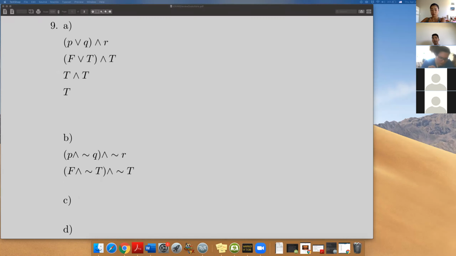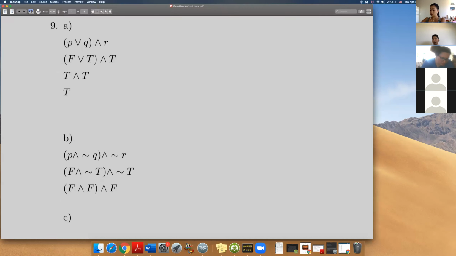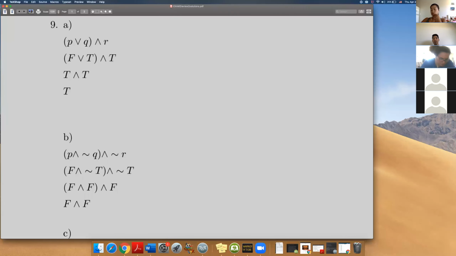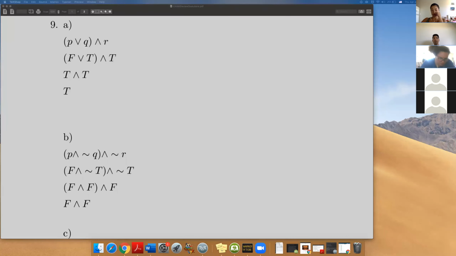So I'm going to take that negation, and at the same time, I'm going to take the negation for the not T on the right side. So did you guys get this? Yeah. False and false and false. Okay. And then false and false is false, with an and in between. And false. That should be false, yeah.